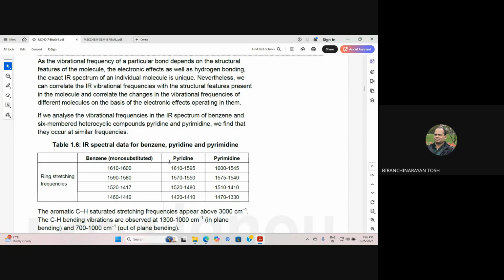If you compare benzene, it has one 6-membered ring containing only carbon and hydrogen, so we will have carbon-carbon bonds and carbon-hydrogen bonds.